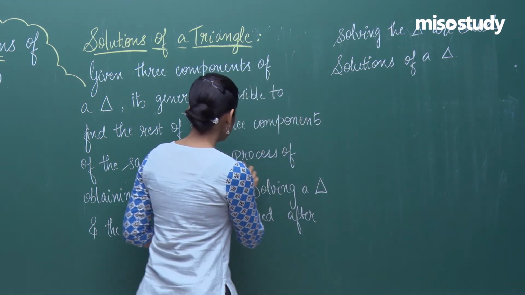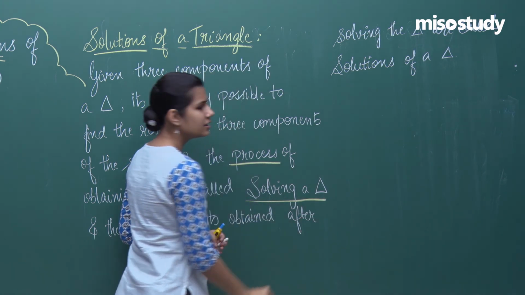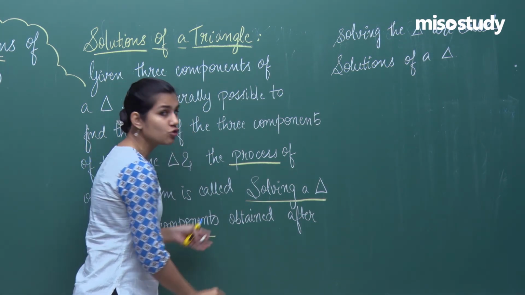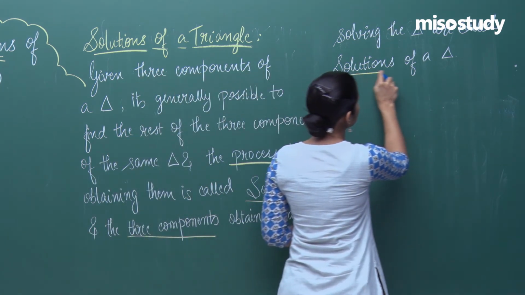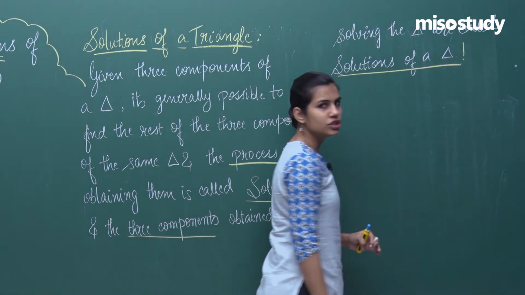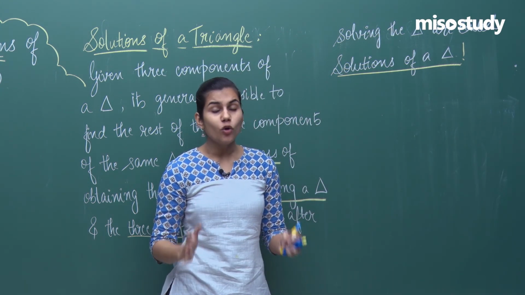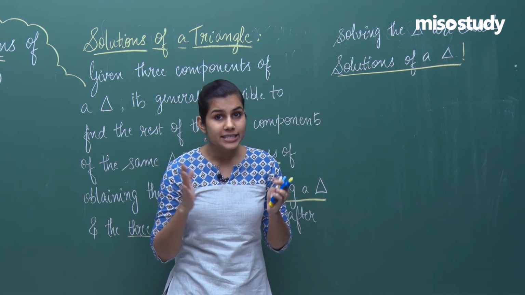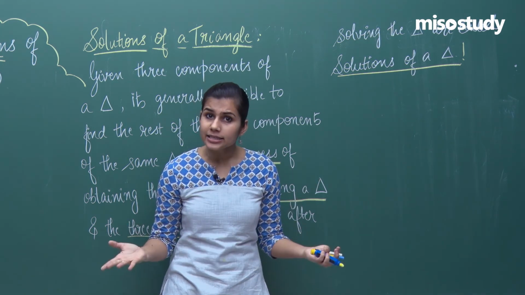Yes, the very process of solving a triangle is called this, and the three components which you obtain at the end of solving a triangle are known as solutions of a triangle. The question is, of course we know the meaning of solving a triangle and of obtaining solutions of a triangle, but the point is, how do we obtain the solutions?